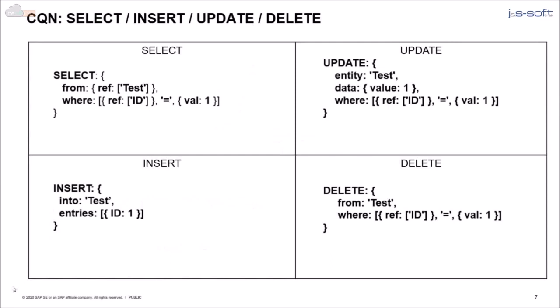Here you see select, update, insert, and delete, which do exactly what is written here. So you have some parameters, you have some object properties here, like from and where in select, which entity you want to update, and with which data in update, and so on. And this sequence will be created using the API.